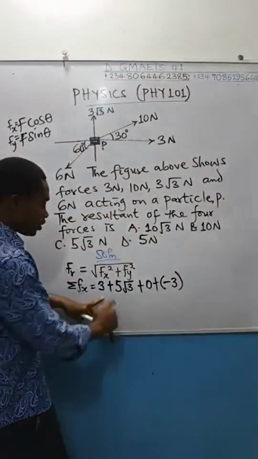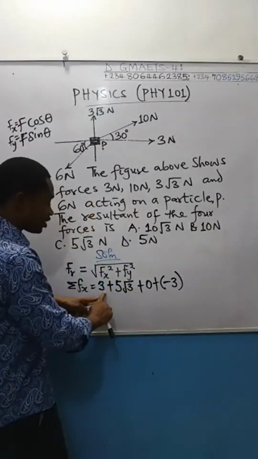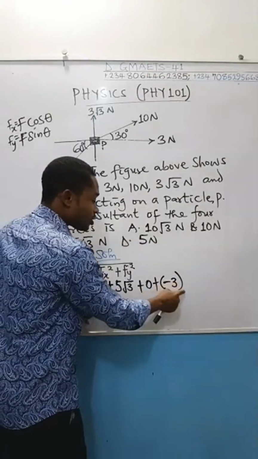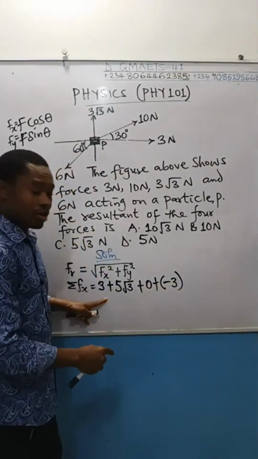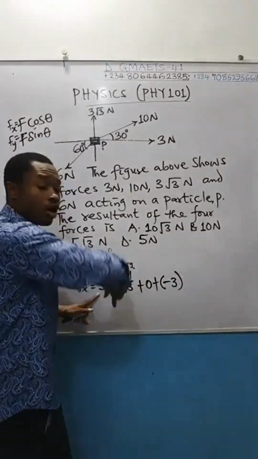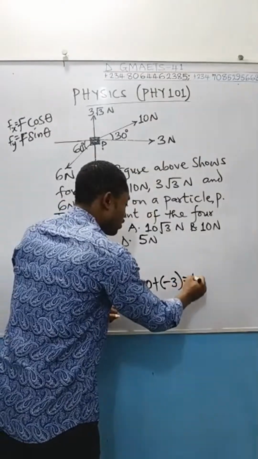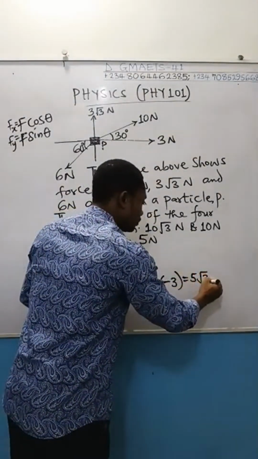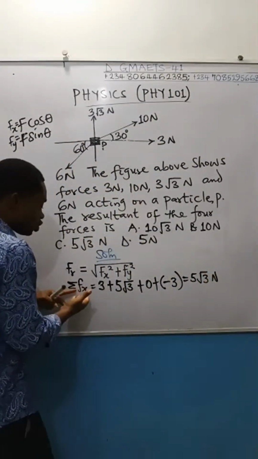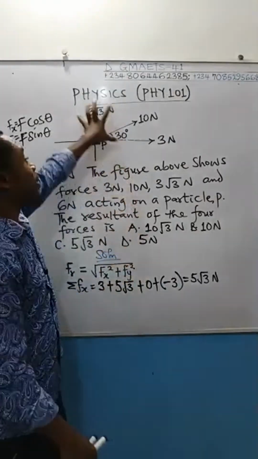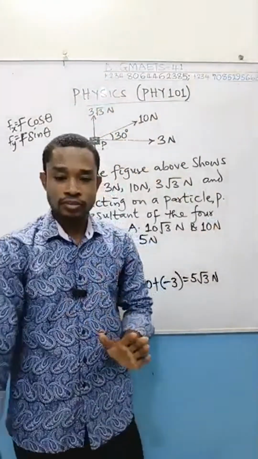Now, looking at this, if you simplify this, you're going to get 3 plus 5 root 3 plus 0 plus minus 3. Plus minus 3 is going to give us minus 3. 3 minus 3 is 0. It will go off. This 0 will also go off. You are simply left with 5 root 3 Newton. This is the total force acting along the horizontal axis by these 4 forces.